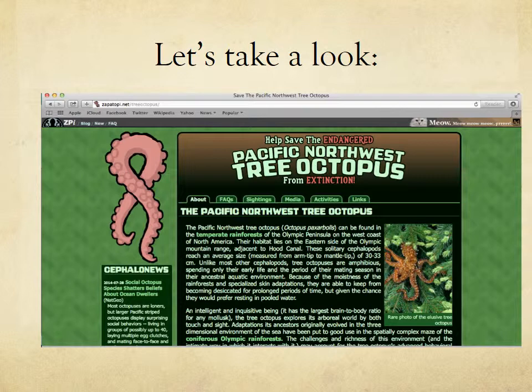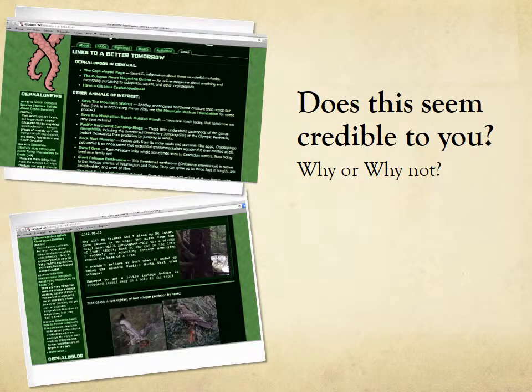But this is about the octopus rather than the author of the website. On the first picture to the left, we have the links to sites that are similar to this one. And on the bottom, we have sightings of the tree octopus.